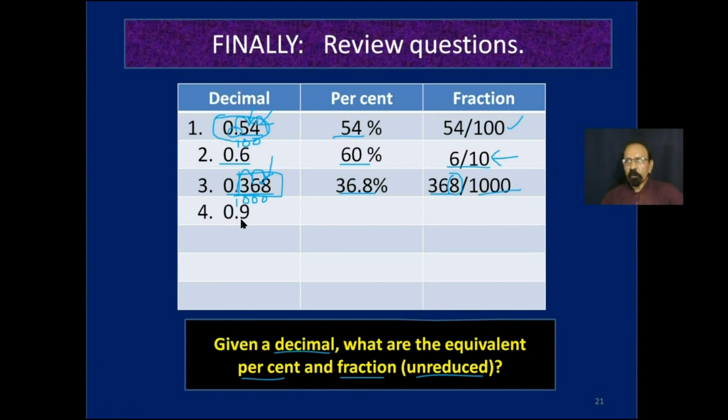Number 4, 0.9. Now, this is about as easy as that one, which will be 90%. I'm just making sure that you understand. You move the decimal point 2 places. If you don't have 2 places, you add a 0 to make up 2 places. So 90%.